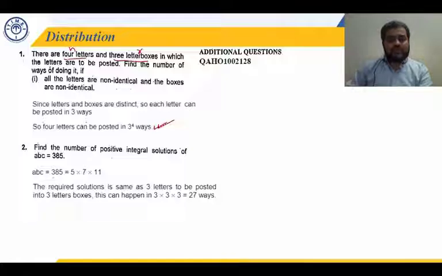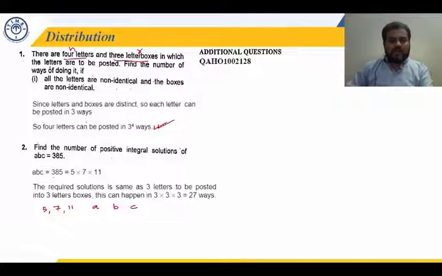So the required solution is same as 3 letters to be posted into 3 letter boxes, which can happen in 3 into 3 into 3 or 3 to the power 3, which is 27 ways. So how is this possible? These are my letter boxes, the values of a, b, c, and 5, 7, 11, these are my letters.